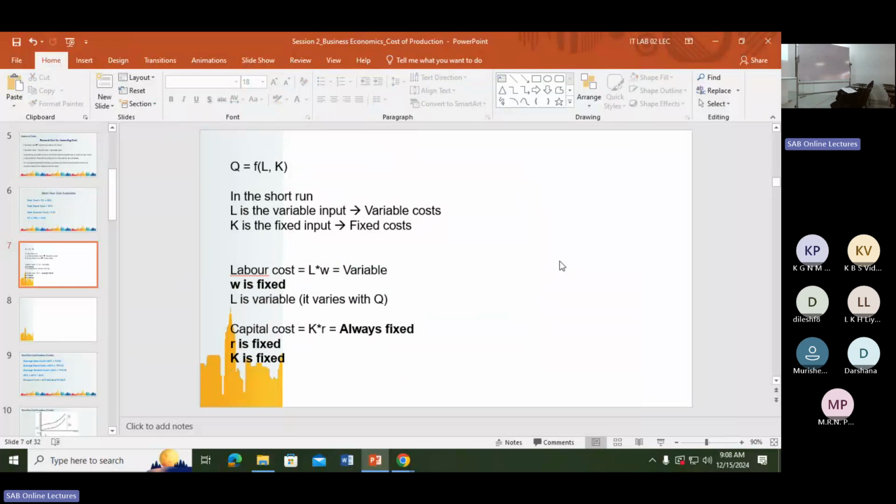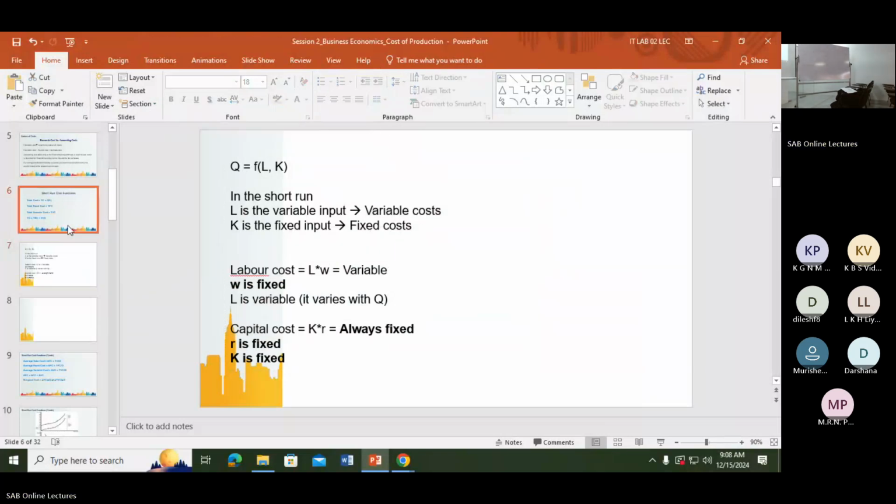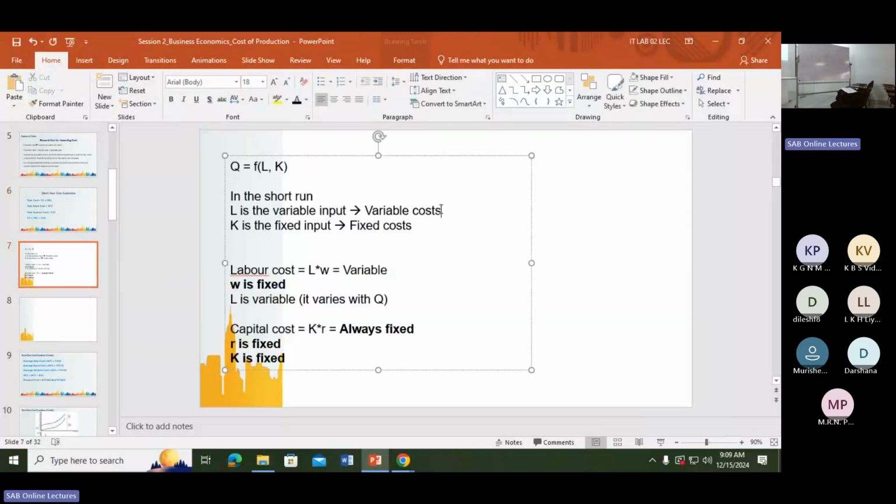So this is our simplified model for cost. We have two types of costs, variable costs and fixed costs. Fixed costs are the costs incurred for capital. Variable costs are the costs incurred for labor. We call the variable costs total variable costs, denoted as TVC.